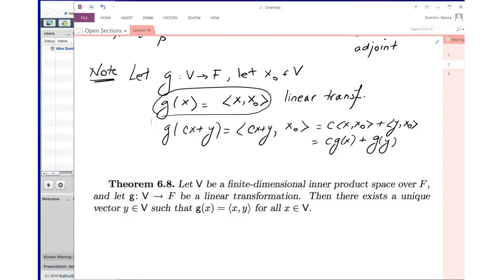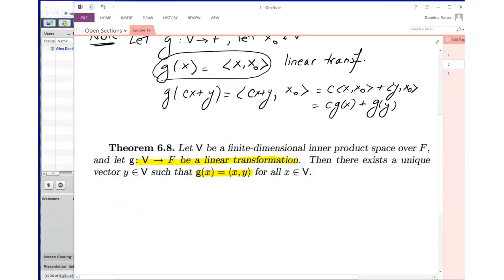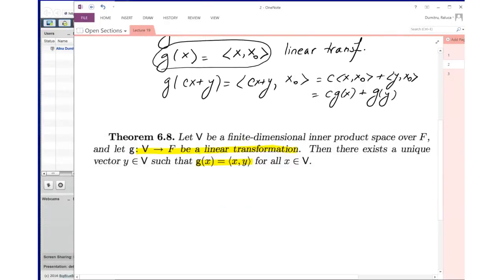If you start with a linear transformation g from V to F, with values in the scalars, then g must be the inner product between x and some unique fixed vector y, which we called x0 above. And this will turn out to be essential in the definition of the adjoint of a linear operator. Let's see why.